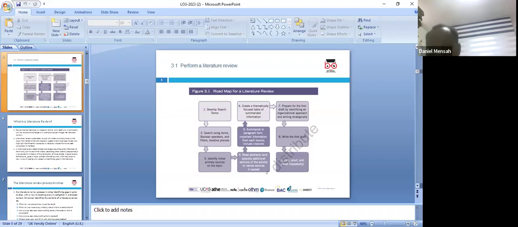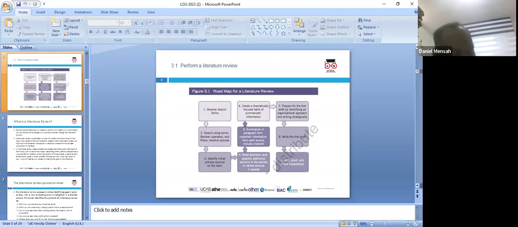Is it Wikipedia, or what kind of books are you willing to critique in your review? And then you create a systematic table of summarized information. And then you summarize in a paragraph the important information from each source, including citations. Okay, citations you normally capture in your references as well.